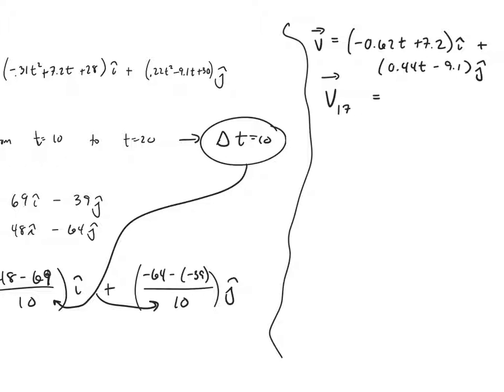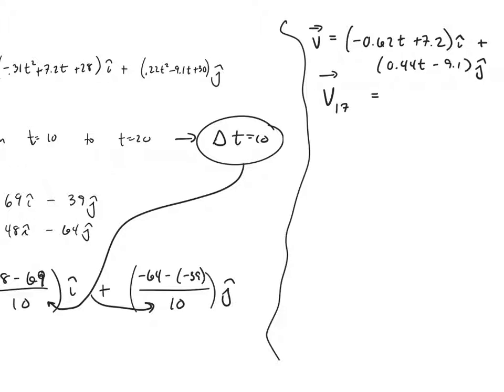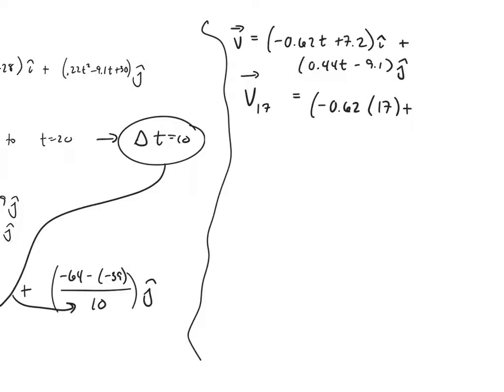So when we want to figure out the velocity at 17 seconds, we simply plug in 17. So it's going to look like negative 0.62 times 17 plus 7.2, and that's in the i direction, plus in the j direction, 0.44 times 17, minus 9.1 in the j.